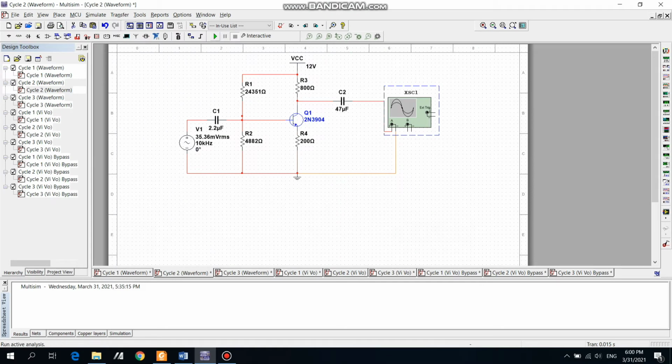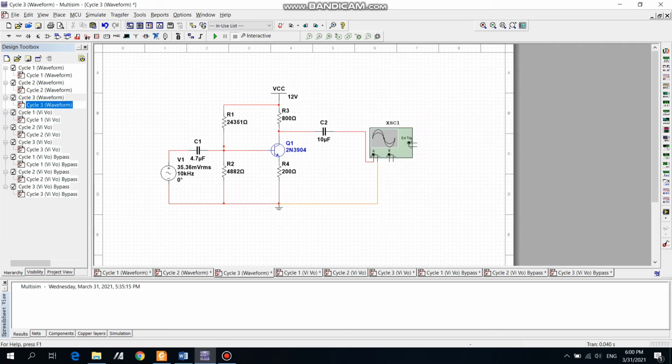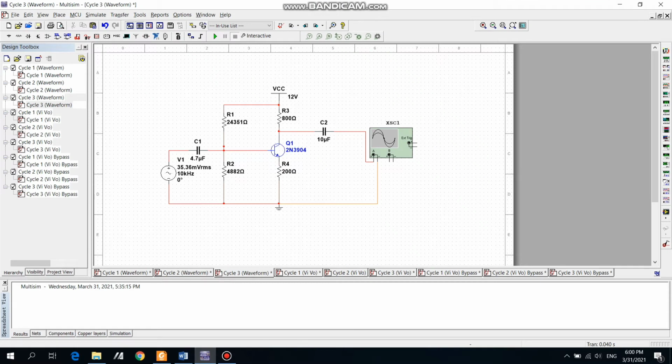Same thing, we check the output waveform, and no distortion occurs. And then this is cycle 3, we use the capacitor values from set 3, and then we check the waveform.